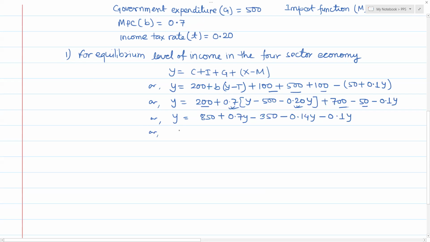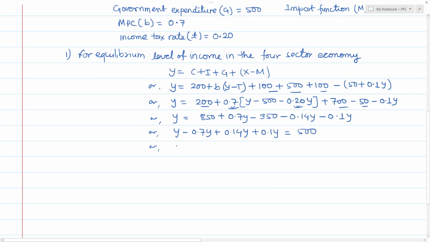So this can be written as y minus 0.7y plus 0.14y plus 0.1y is equal to 500.